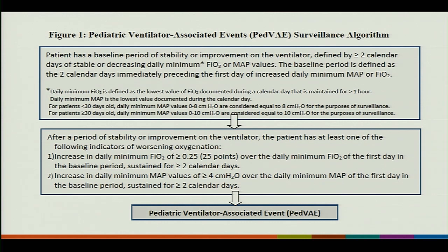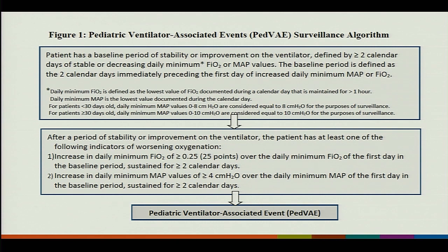So what you need is the baseline period of stability or improvement on the ventilator. It has to be maintained for greater than or equal to 2 days. And immediately following that baseline, you need to have an increase in whichever parameter the baseline is set in. The increase for evidence of worsening of oxygenation must occur in that same parameter.